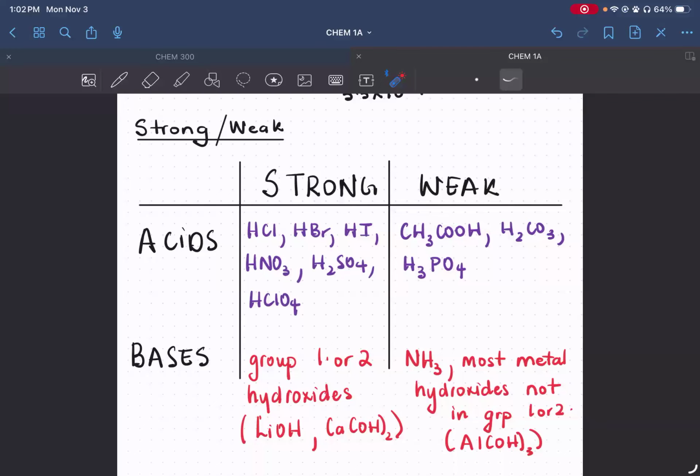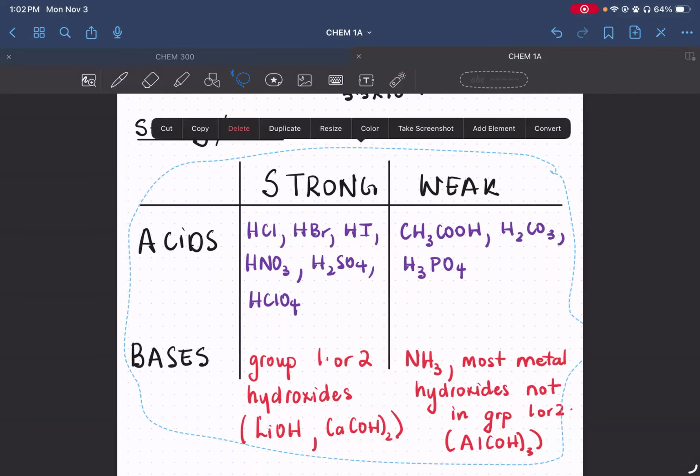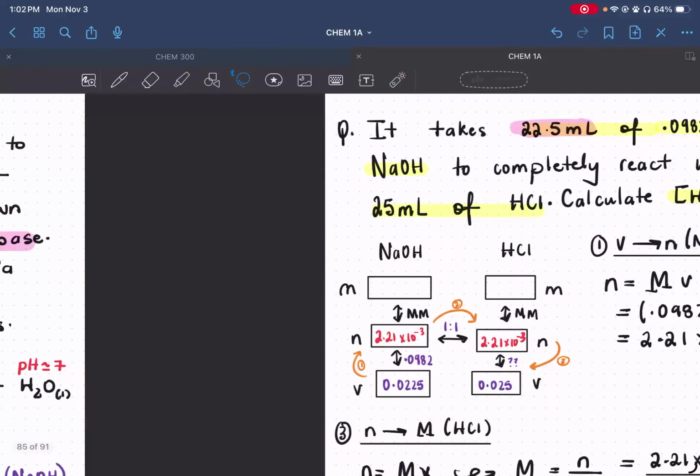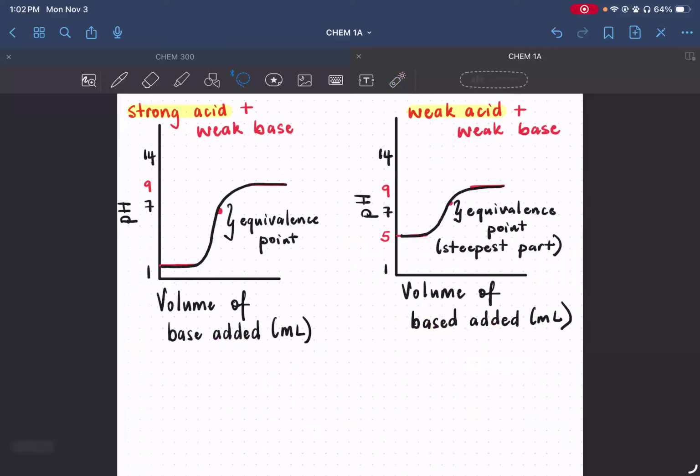I do expect you to commit this chart to memory. You can devise your own mnemonic, but you will be expected on some level to be able to identify strong and weak acids and bases. Let's see how that would work. Just going to copy this back so I don't need to keep flipping pages back and forth.